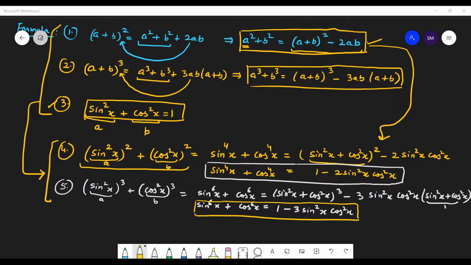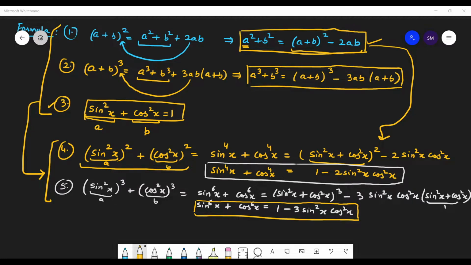So now what do you get from this step? This is 3 into, this is a minus b whole square. So that's a square plus b square minus 2ab, square of it, plus 6 into. Now what is this sine square plus cos square? I can write 1. So 1 plus 2 sin x cos x.